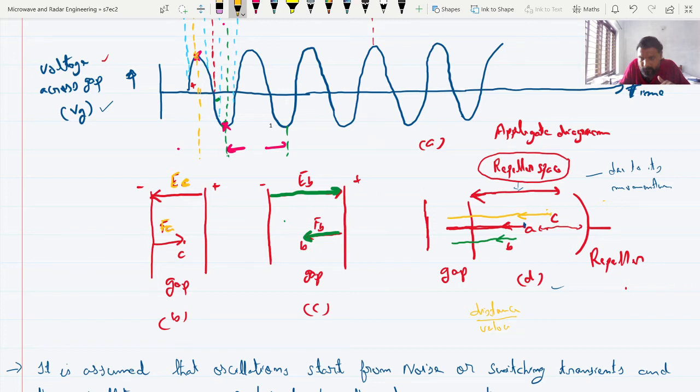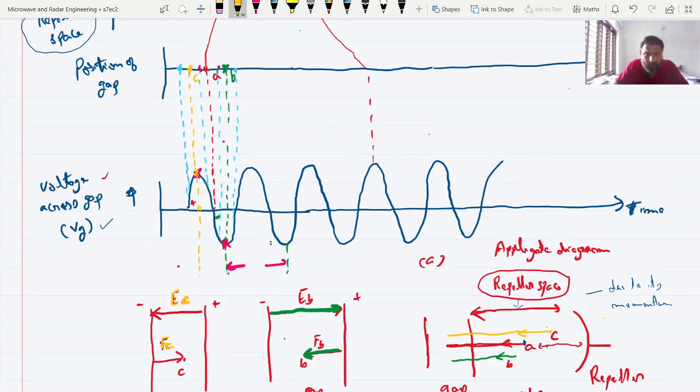It is so adjusted that electron C arrives at the gap for the second time, because it also penetrates a certain depth, stops here, and because of the repelling voltage it returns back. It arrives at the gap the second time at the same instant as electron A.